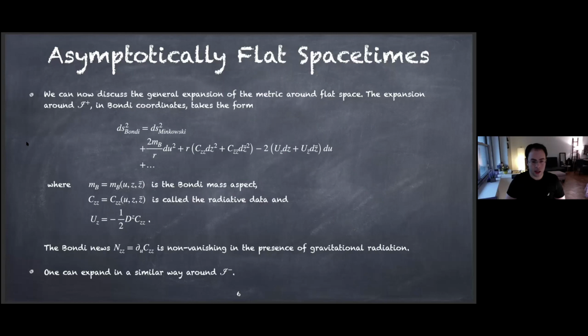The leading correction is written here in the second line, where the different coefficients are called the Bondi mass, M_B, and the radiative data, C_zz and C_z̄z̄. U_z and U_z̄ are functions of the radiative data. They depend on the radiative data, so they are not independent coefficients.